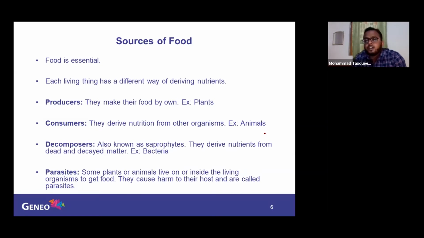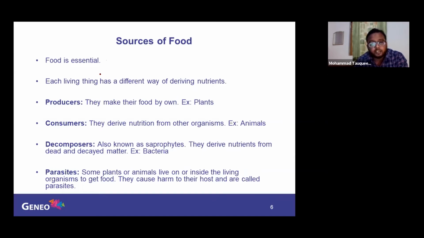Whatever activity you can imagine, you are able to perform it due to the presence of energy and nutrients. And energy and nutrients are provided by food. That's why food is very essential.